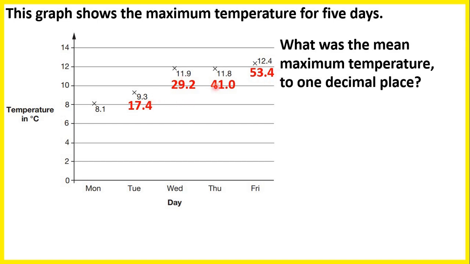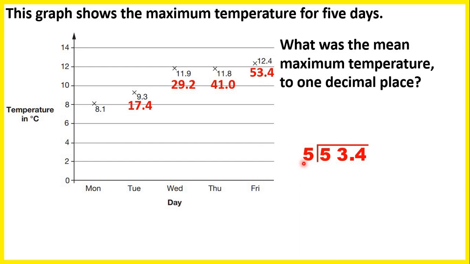And here I've added mentally, but you probably want to use column addition for this to make sure you add up the total correctly. So the total is 53.4, but we have 5 days, so we need to divide 53.4 by 5.